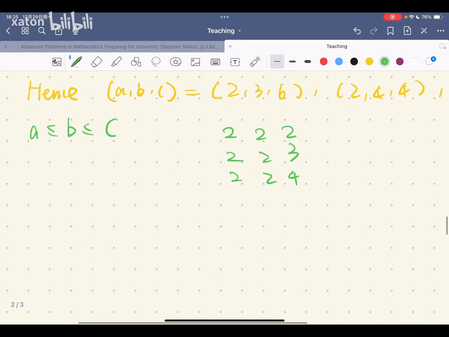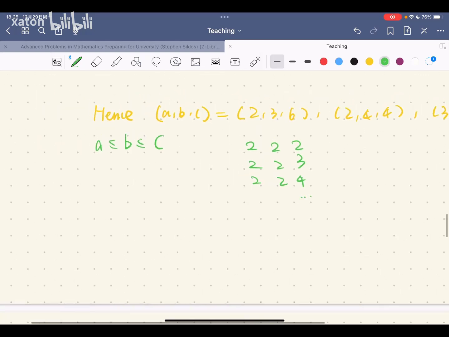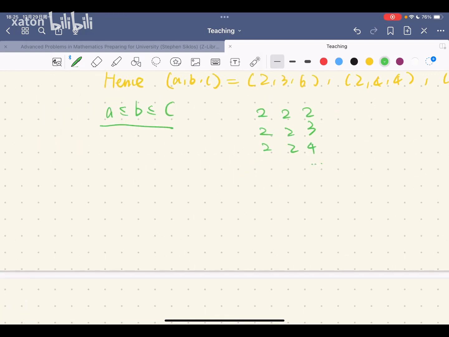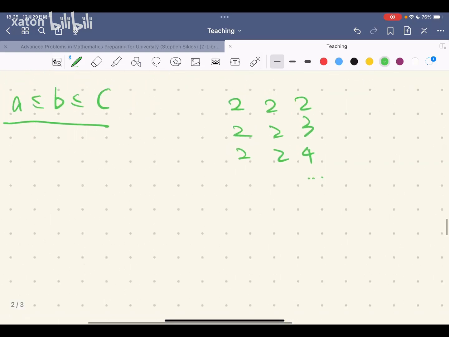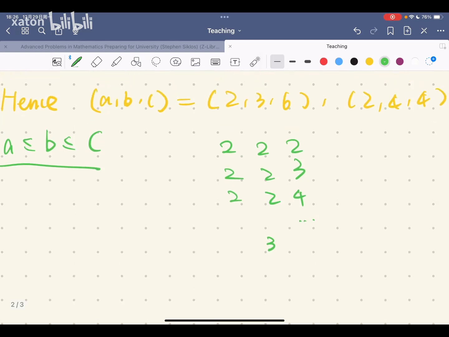And in fact, we notice that 1/2 plus 1/2 is already 1, so we can set anything for c. This is very important, keep in mind. So when we are looking at 2, 3, we only have to keep c smaller than or equal to 6, but larger than or equal to 3.